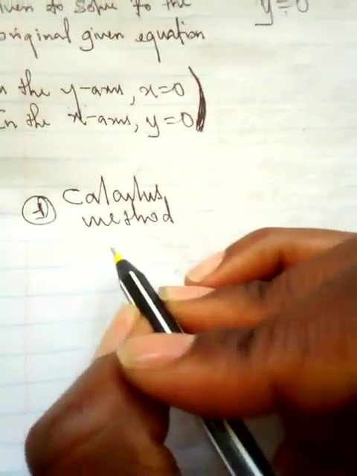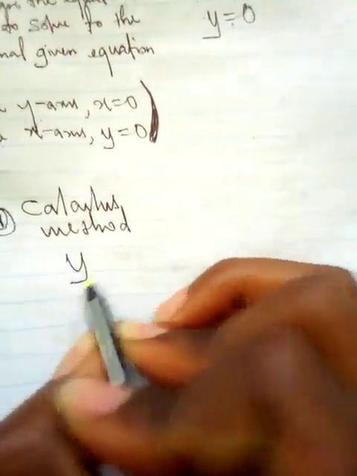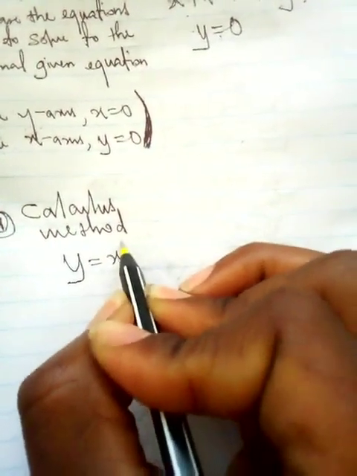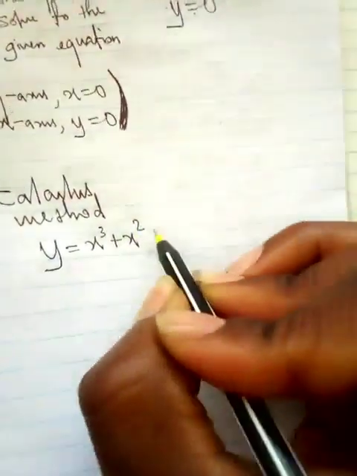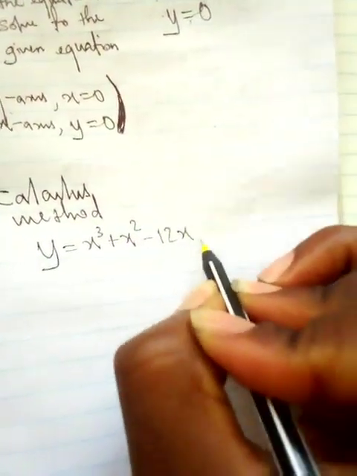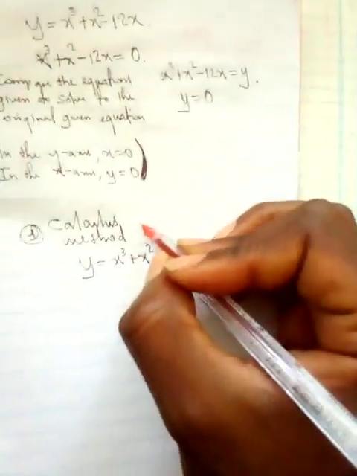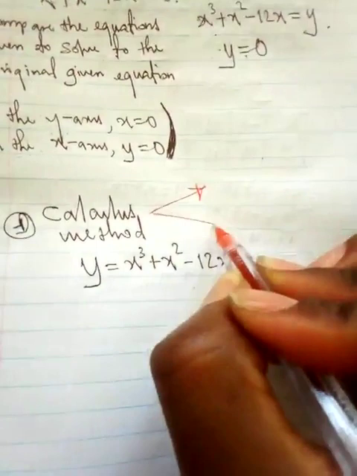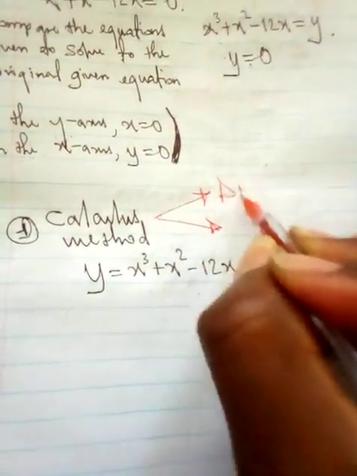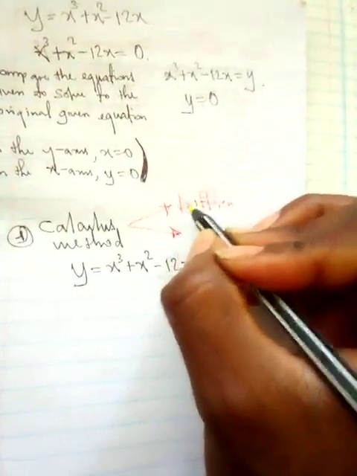When you're using the calculus method here, don't even be alarmed. y is equal to x to the power 3 plus x squared minus 12x. What we are doing is what they call differentiation.